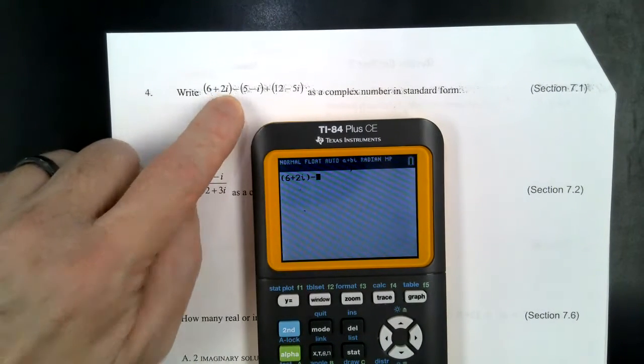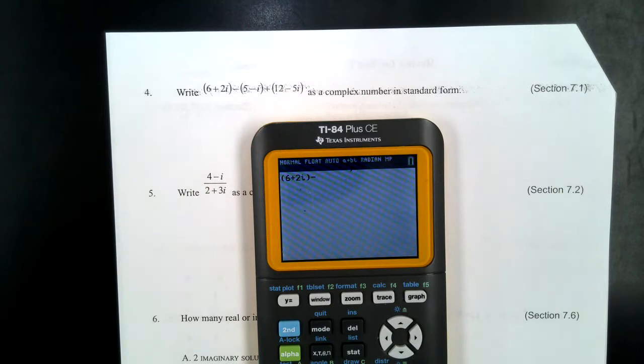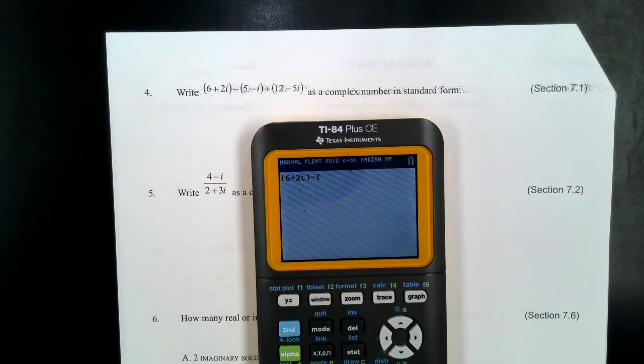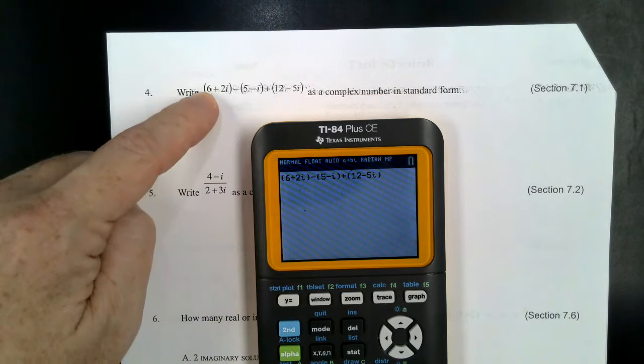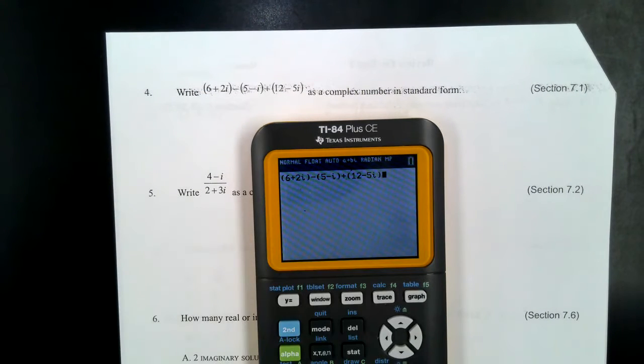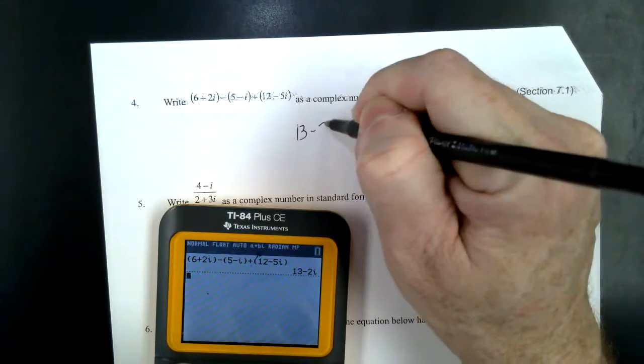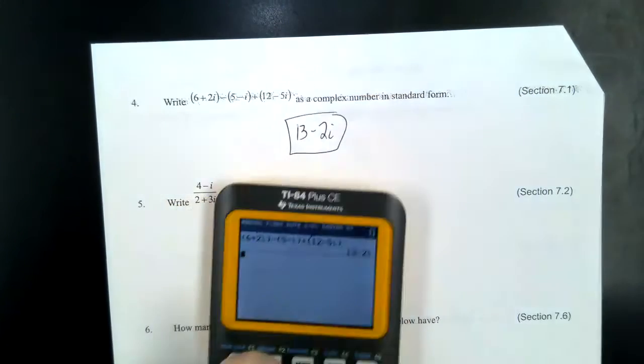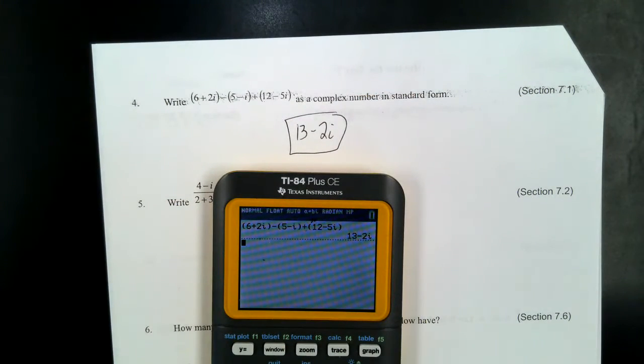Then we have a minus sign, and then another set of parentheses, 5 minus I, parentheses, plus parentheses, 12 minus 5I, parentheses. Exactly as it is on the paper, I have it in the calculator. I literally hit enter. There is our answer, 13 minus 2I. No work involved. Calculator, boom.